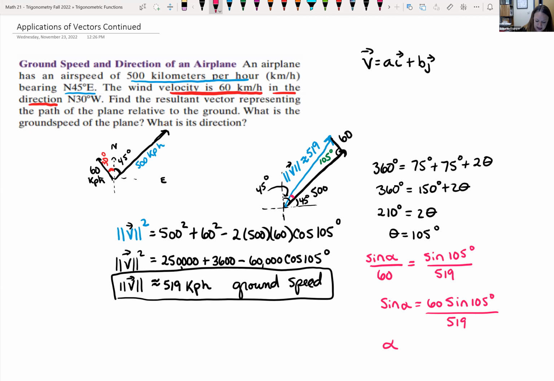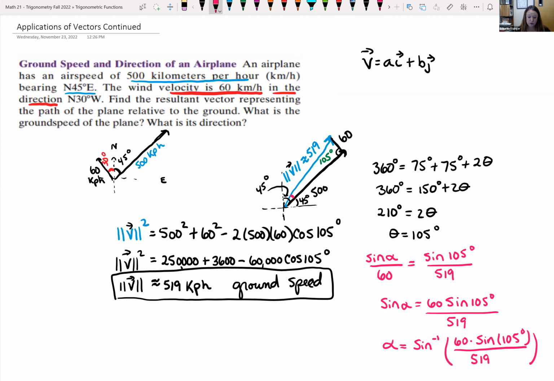And so if I take the sine inverse of that result, I get sine inverse of 60 times sine of 105 degrees. So plugging this in the calculator, make sure you put parentheses around that 105 and then divide by 519.